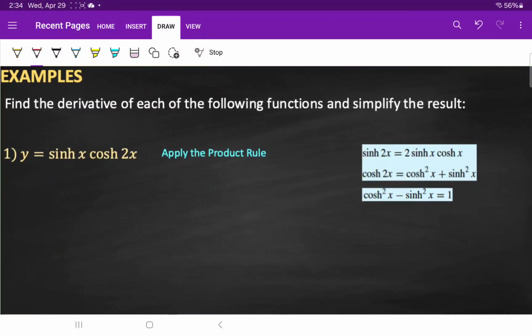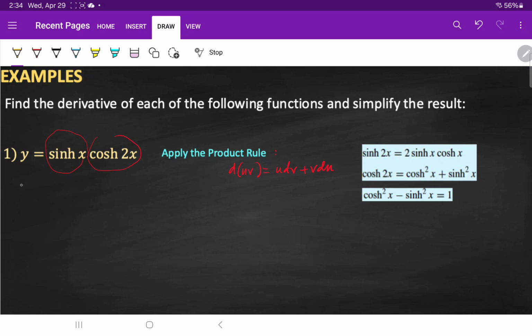Find the derivative of each of the following functions and simplify the result. We start first with y equals hyperbolic sine x multiplied by hyperbolic cosine 2x. So we apply here the product rule. This is u and this is v. What's the product rule? The derivative of u times v is u dv plus v du.